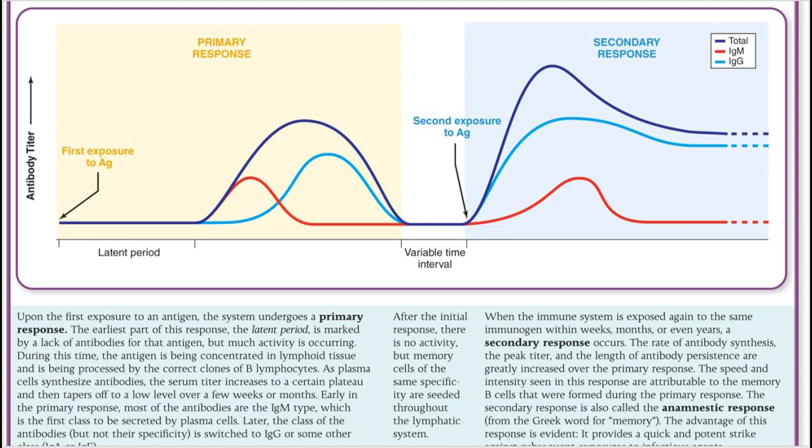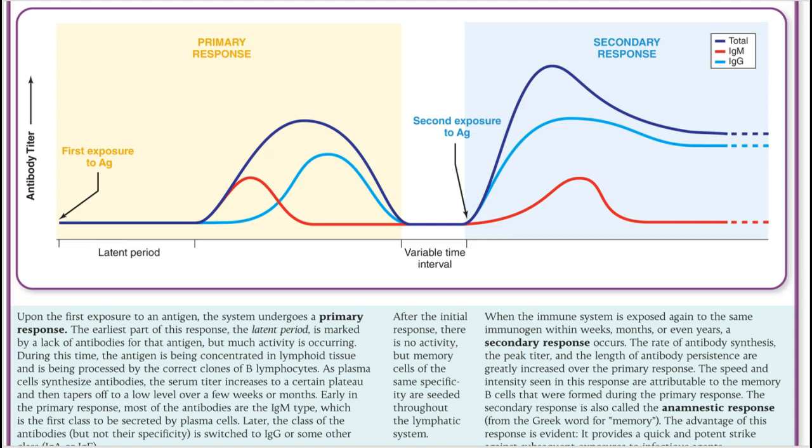After that initial response, we have that antibody production and the antigen is then removed. Then we have this space of time after the initial response where there's no activity.